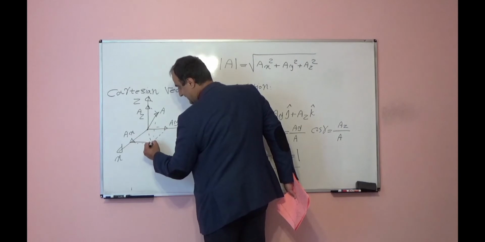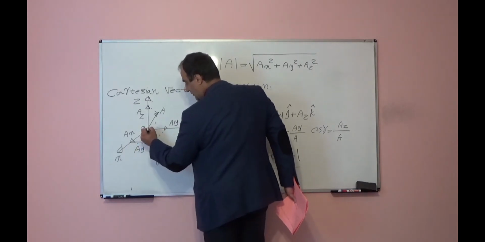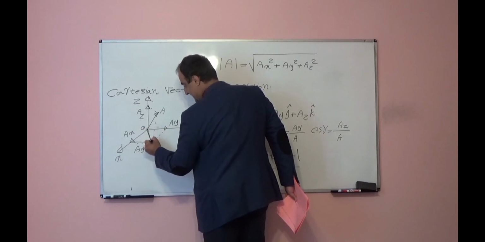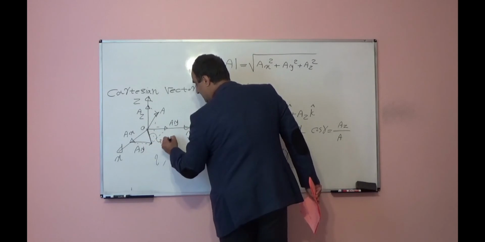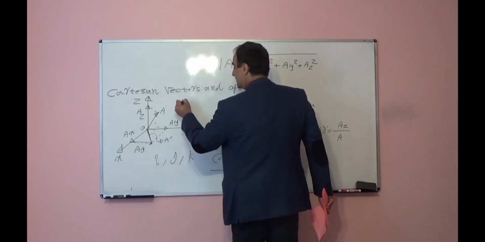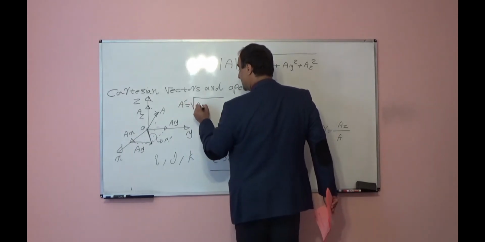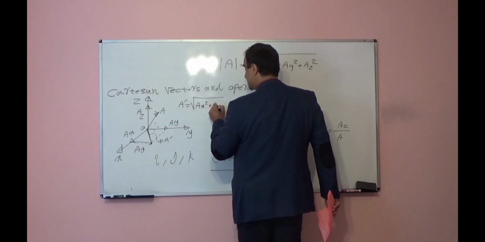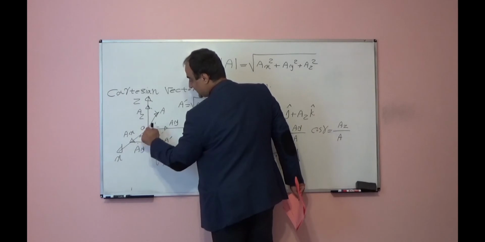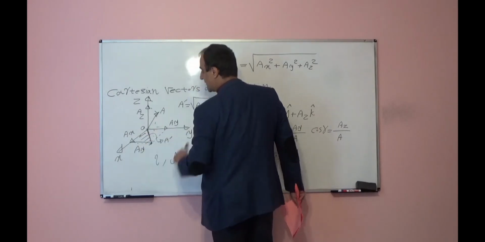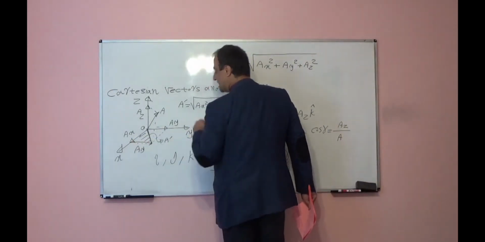So this length again is Ay. So from the origin point O to here, this length, I made it bold. If I show that with A prime, in this triangle, I can write A prime is equal to the square root of Ax squared plus Ay squared.